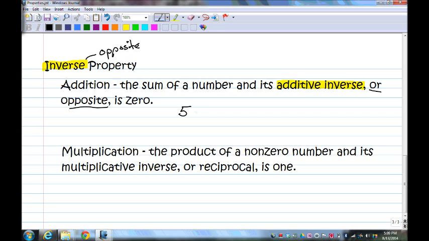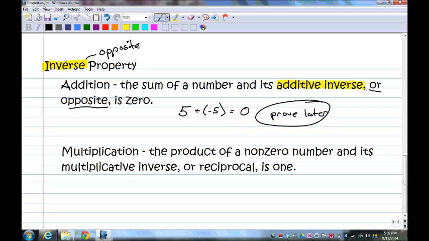You should be able to say, well, it's negative 5. So the sum of a number and its opposite is always 0. This is something that I will prove to you later, I promise, when we cover adding integers. But a number plus its opposite, or its additive inverse, is always equal to 0.